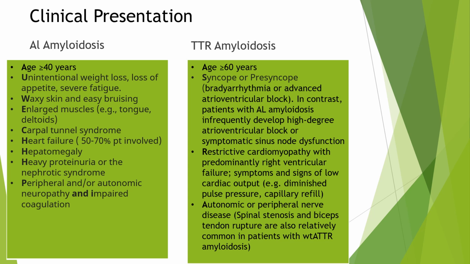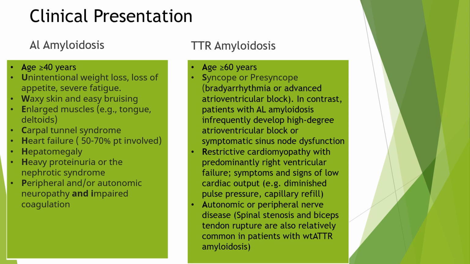Whereas in cardiac amyloidosis, the age group normally seen is more than or equal to 60 years. The patient presents with syncope or presyncope, and there's a big difference in both of these. Cardiac involvement is present in AL amyloidosis as well, and it is obviously seen in TTR amyloidosis as well.